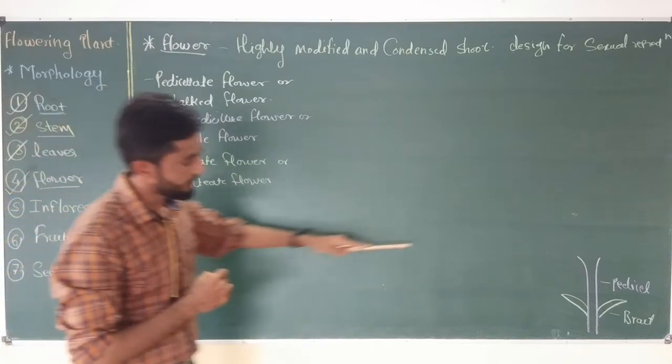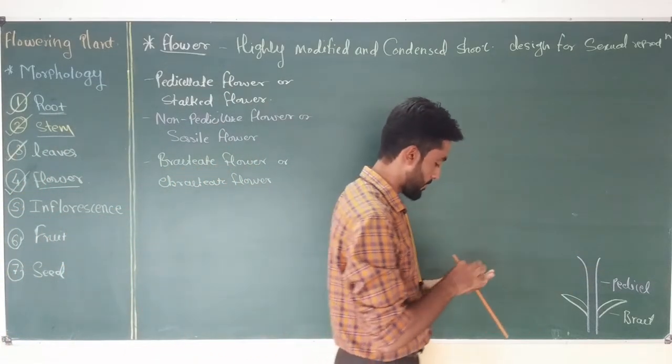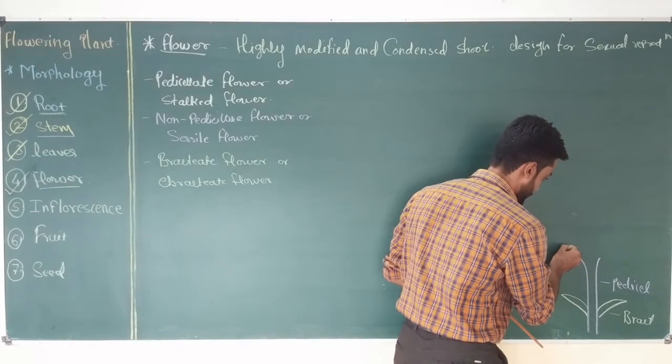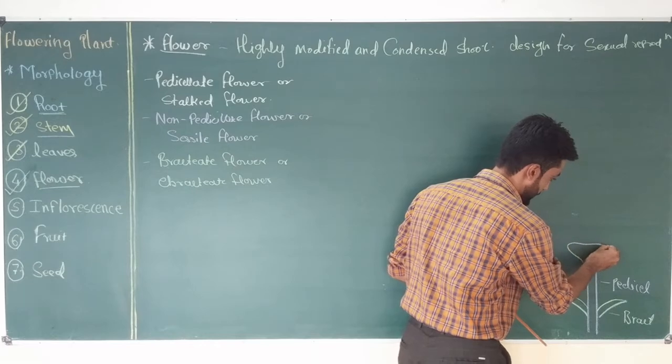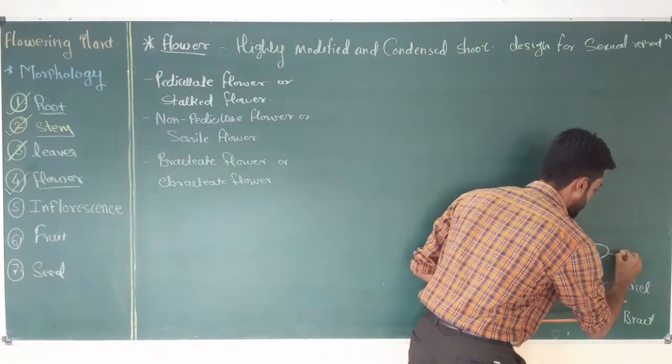Now the terminal end of the pedicel gets swollen, becomes flat and expands in structure, and this expanded part of the pedicel is called the thalamus.